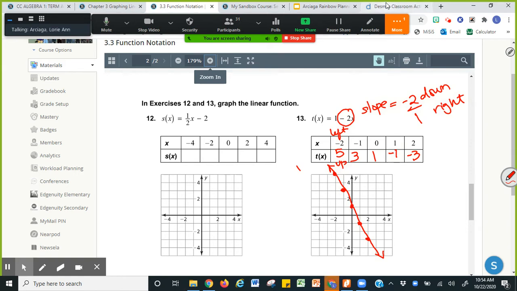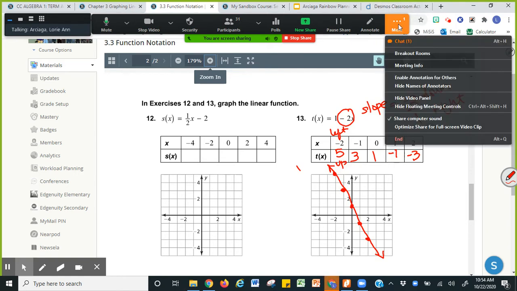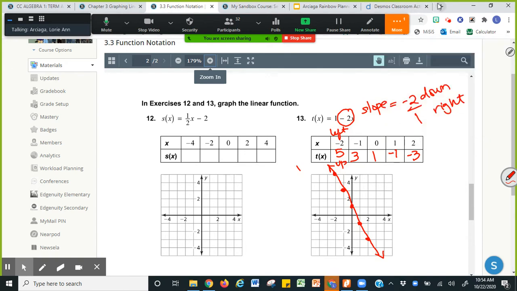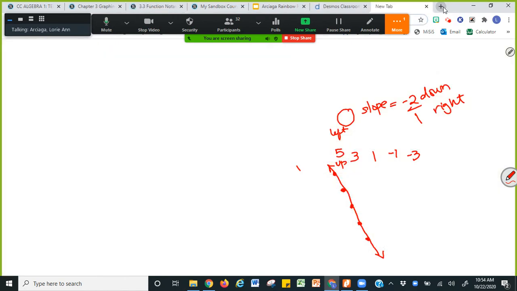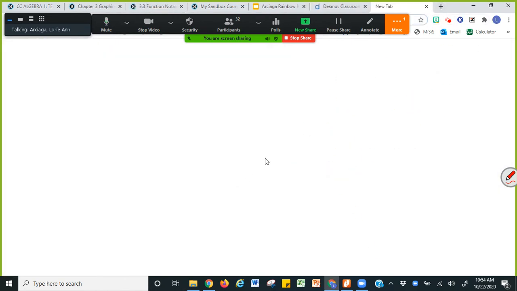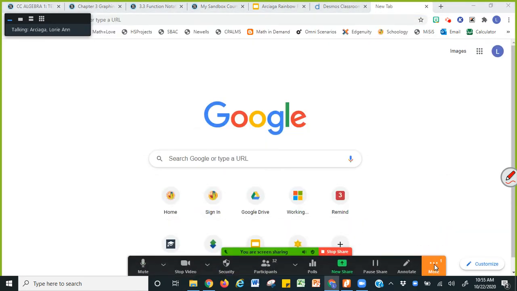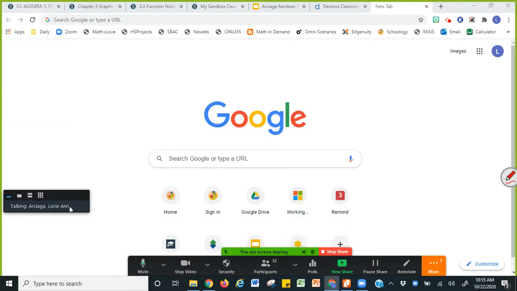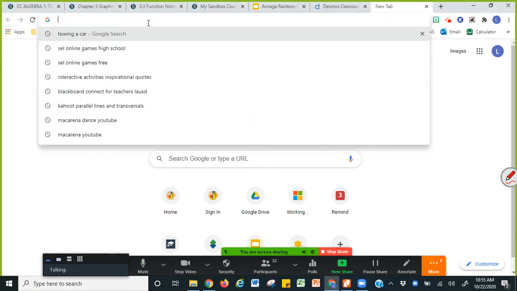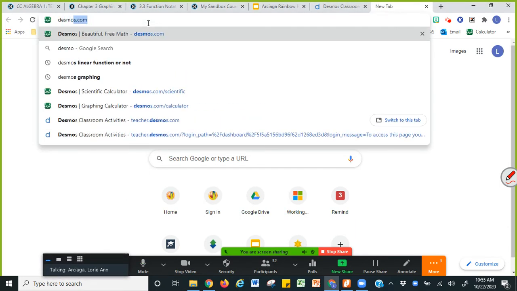All right. So how do you graph this in decimals? Don't open another window. I'll just demonstrate to you how you're going to do it so your device doesn't go slow, okay? Because mine is already slow with all the things that are open. Okay.